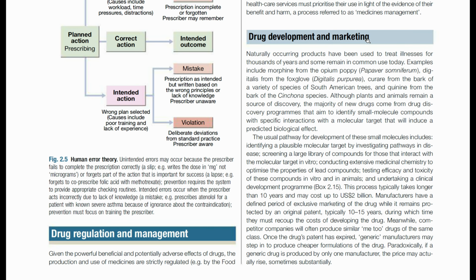Drug development and marketing. Naturally occurring products have been used to treat illnesses for thousands of years, and some remain in common use today.